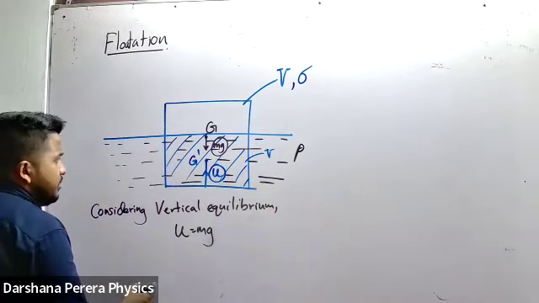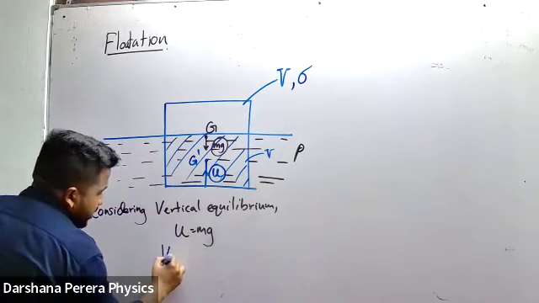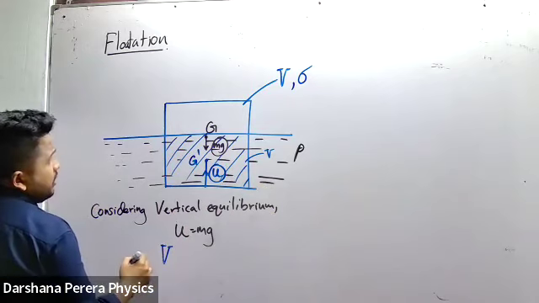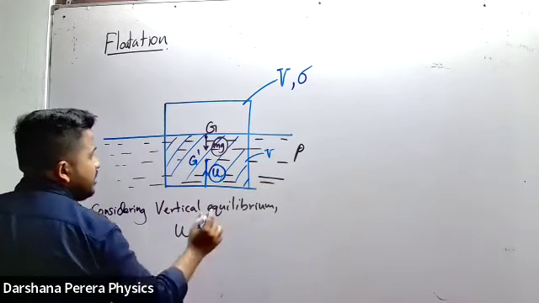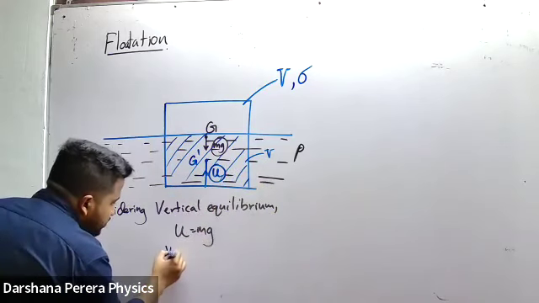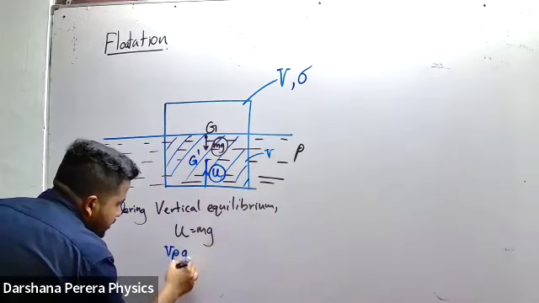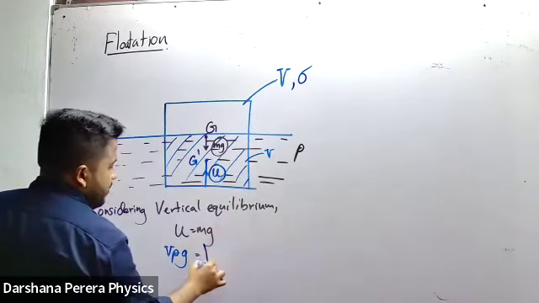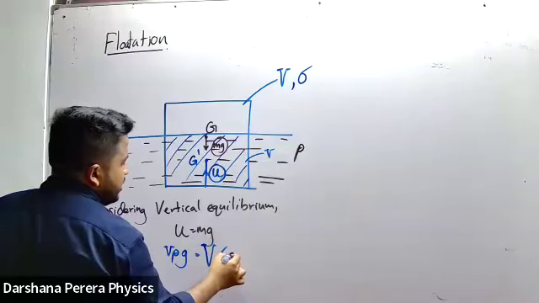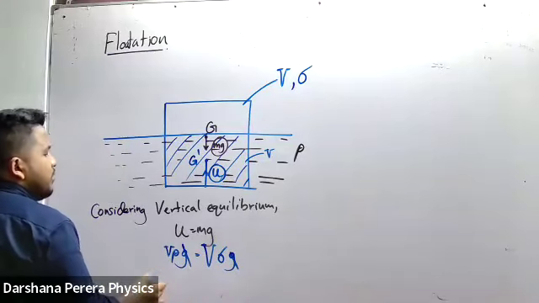That means small v rho g equals M, and M means capital V into sigma, so capital V sigma g. g and g cancel out.